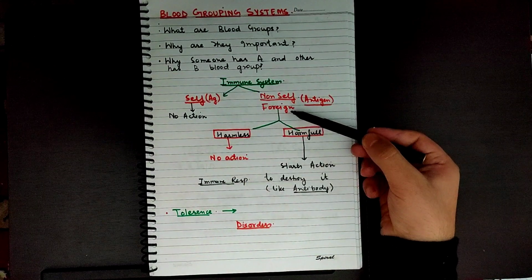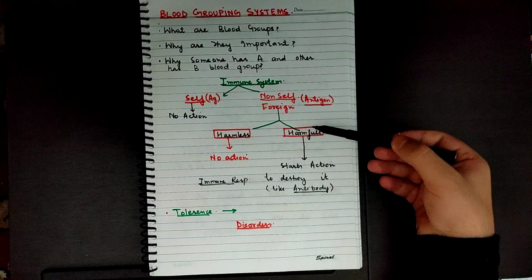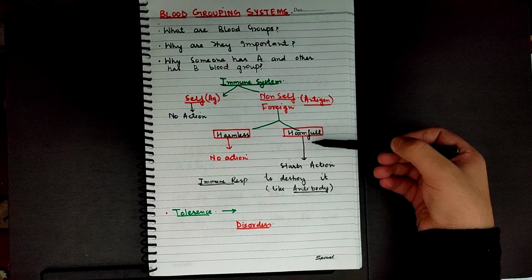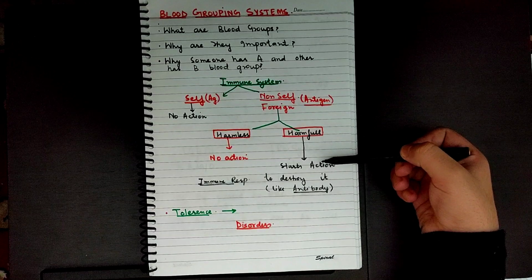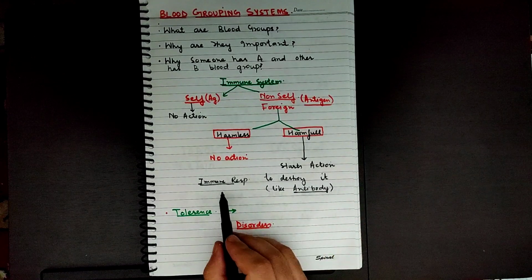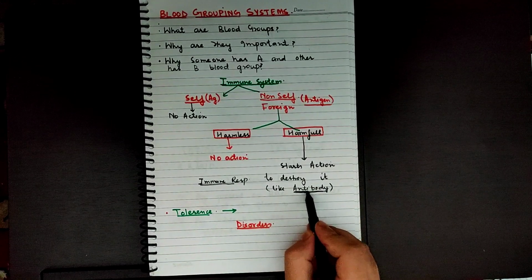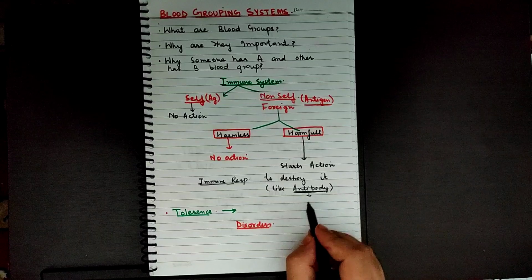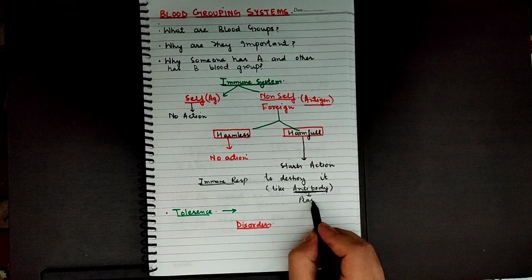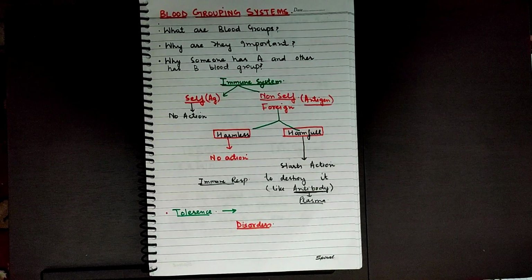But if the foreign substance is harmful, the immune system starts its action, known as immune response. And this immune response is in the form of molecules called antibodies. These antibodies are present in our blood, in our plasma.